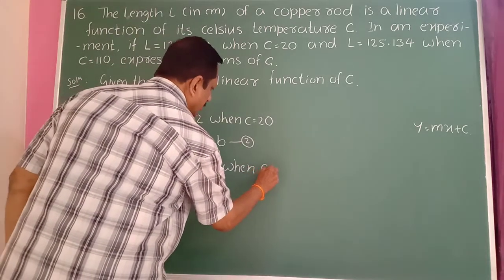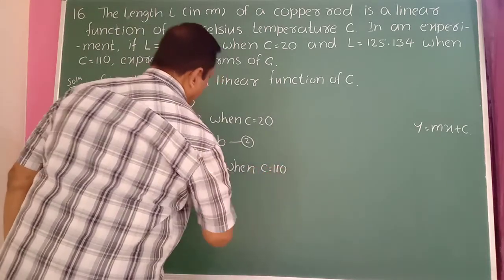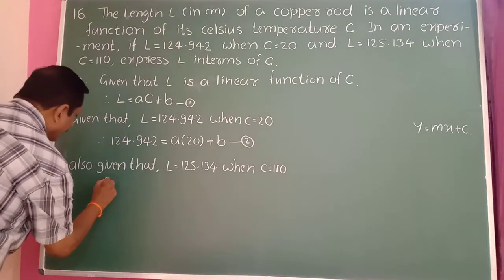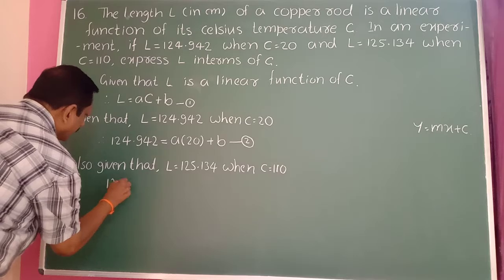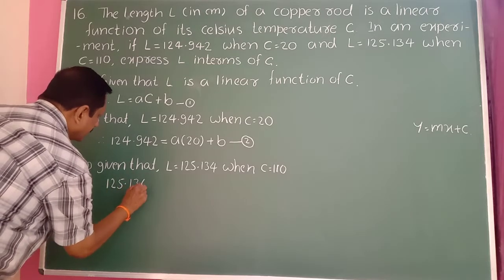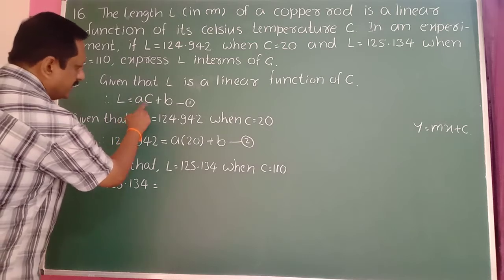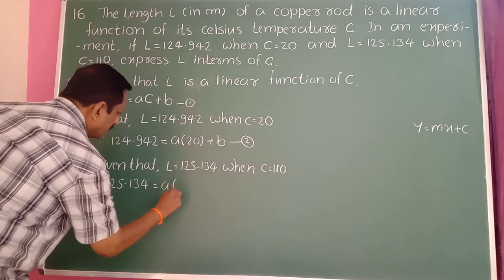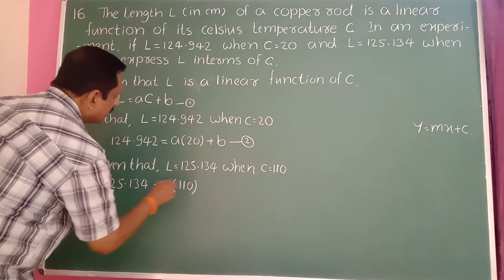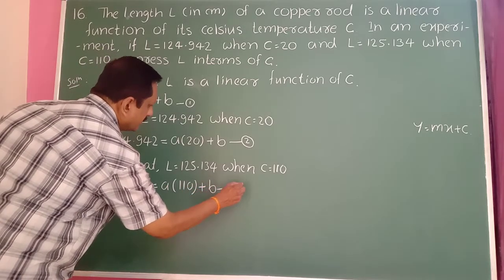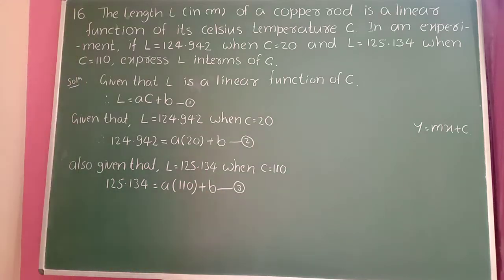Therefore, 125.134 is equal to A into 110 plus B. So plus B, take this one as equation number 3.